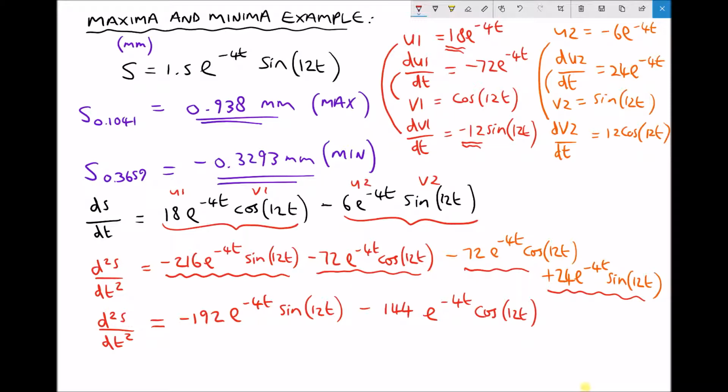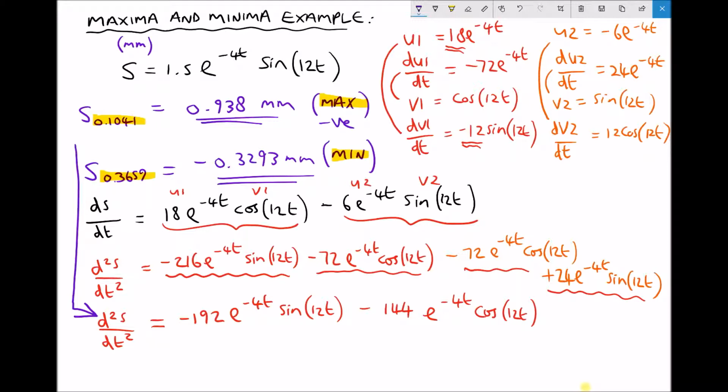We have one last step to prove that what we actually have is a maximum when t equals 0.1041, and to prove that we have a minimum when t equals 0.3659. And the way that we do that is by inputting each of those values of t into our second order derivative. Recall that if we have a maximum, the second order derivative must be negative.